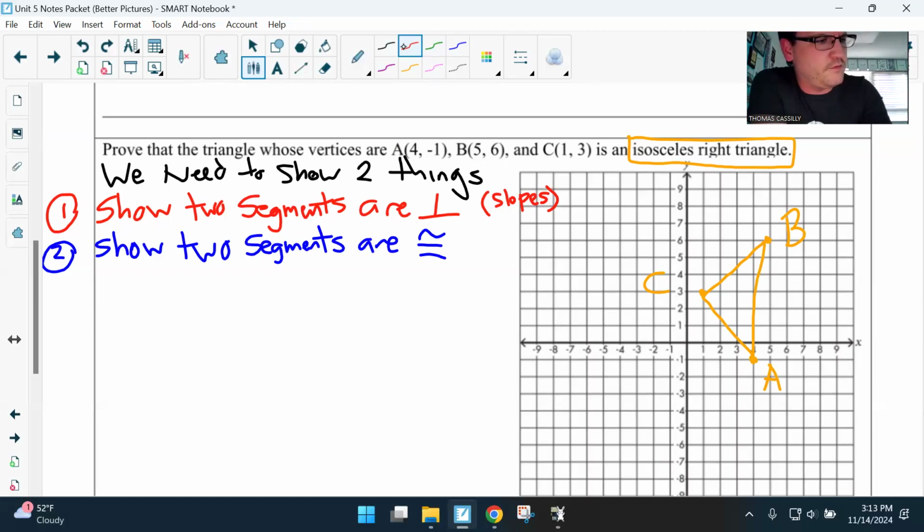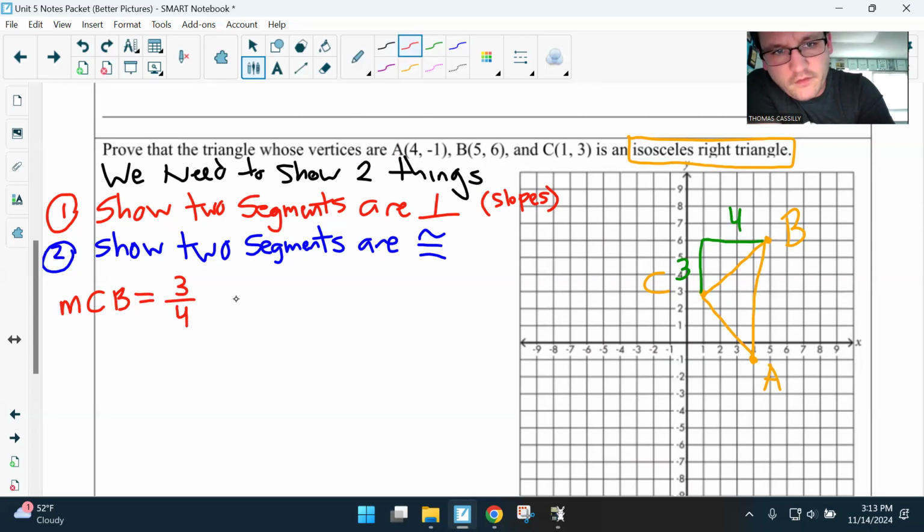First, m, the slope of CB, is going to be equal to, don't waste your time with the formulas when I give you a graph. Slope is rise over run. We are going up 3 spaces and to the right 4 spaces, so the slope of CB is 3/4.